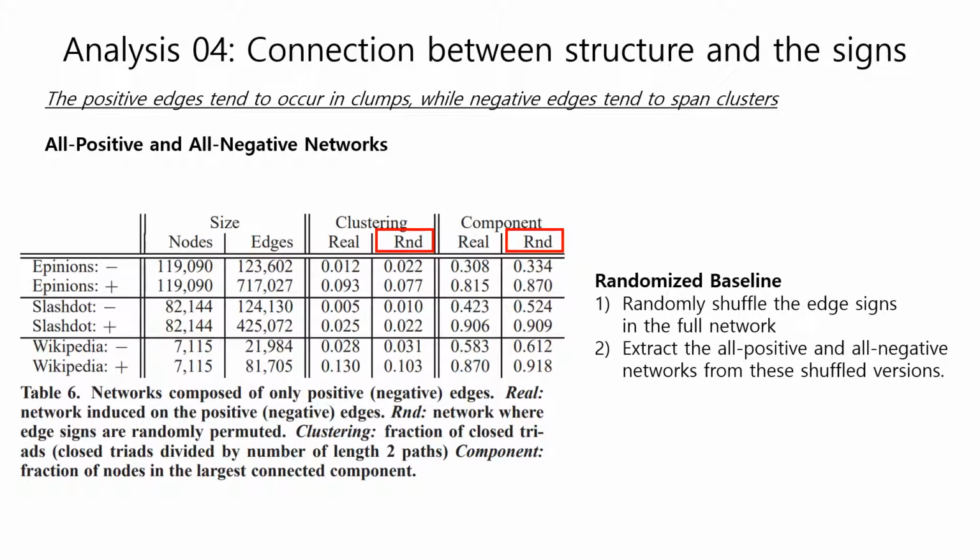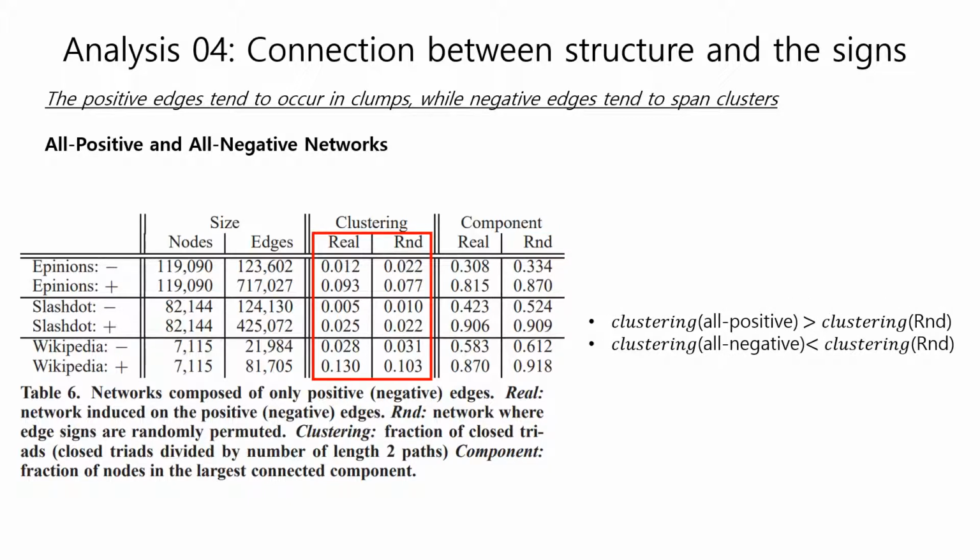They made a baseline for comparison using random shuffling. Firstly, we randomly shuffle the edge signs in the full network and then extract the all positive and all negative networks from this shuffled version.